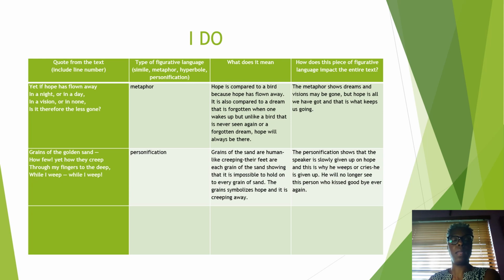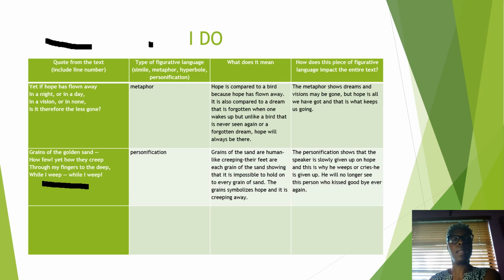Okay, we're back at the graphic organizer, and now I'm going to go through what I have already plugged in. So here in the first column, as you can see, we've taken the lines from the poem where a figurative language has been used.